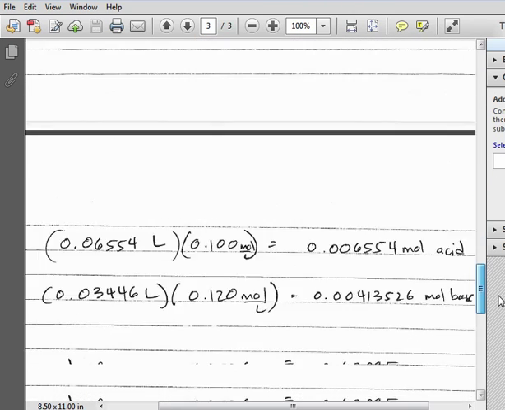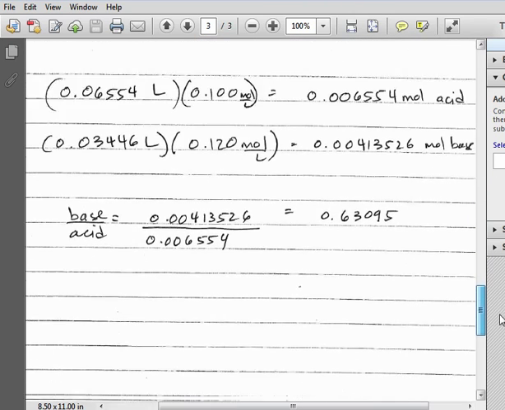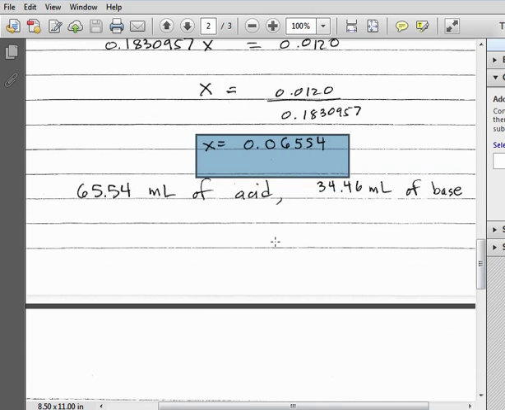And that's in liters. Everything has been in liters. So if I change this to milliliters and subtract it from 100 milliliters, I get 34.46 milliliters of base.